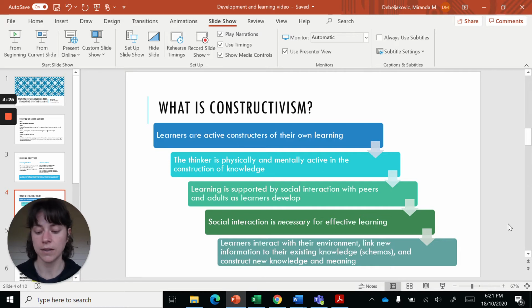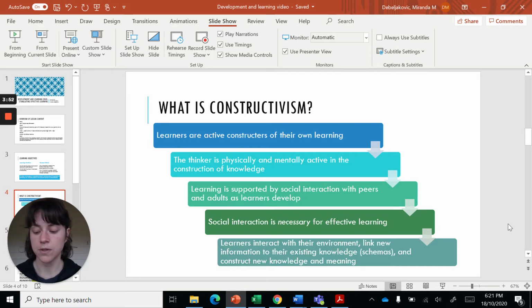Knowledge is constructed by the learner and informed by the learner's previous experience. The constructivist approach assumes that humans process information in meaningful ways, and that this process leads to the development of schemas, and that learning occurs when these schemas are being built upon or modified. The thinker is physically and mentally active in the construction of knowledge and can self-regulate the learning process.